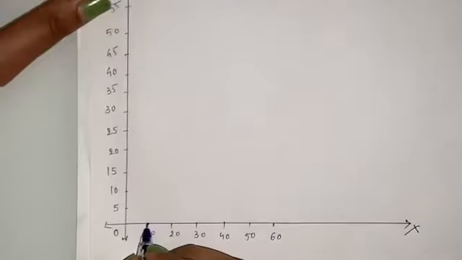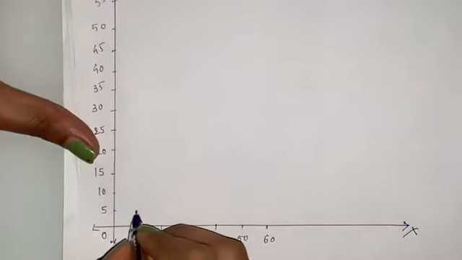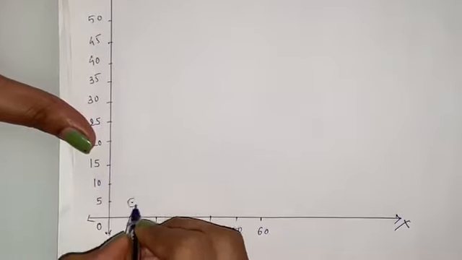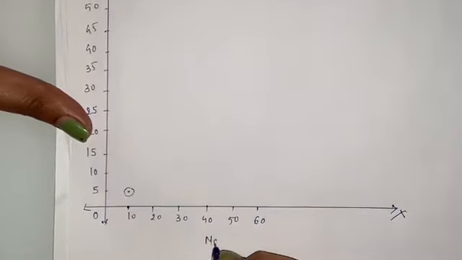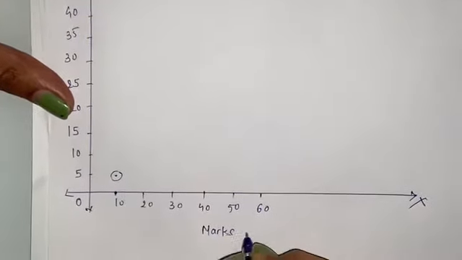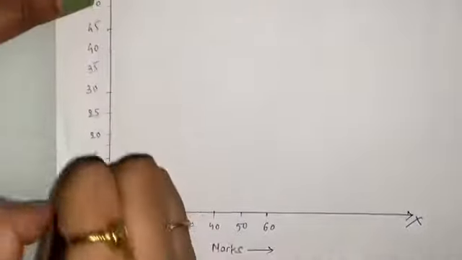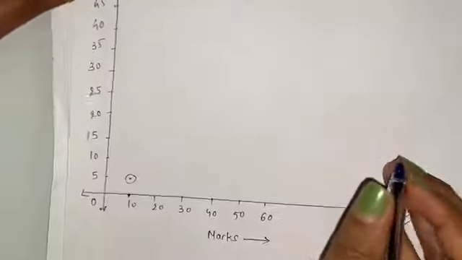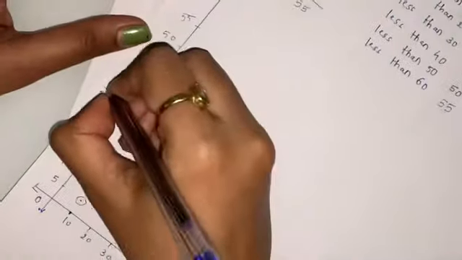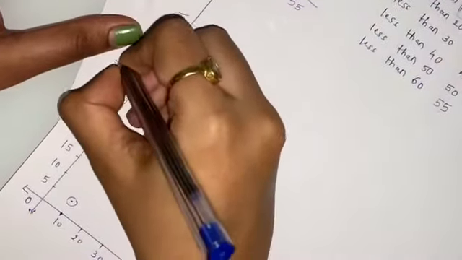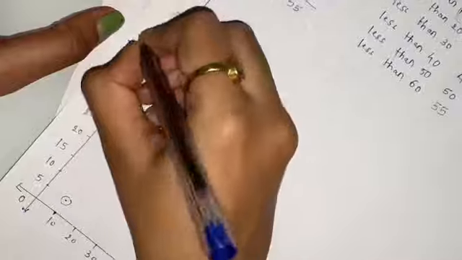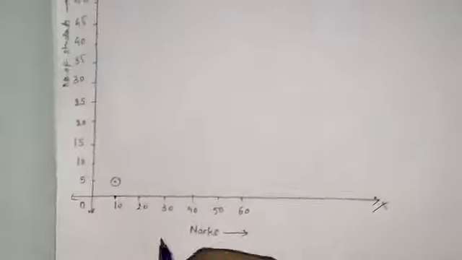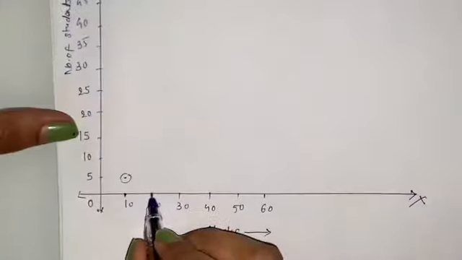So when you have 10, it will be 5. These are the marks. On this you have to show marks, and this will be your number of students. Okay. So next, when you have 20, it will be 15.